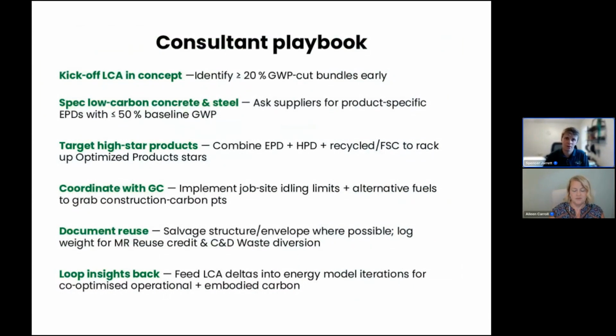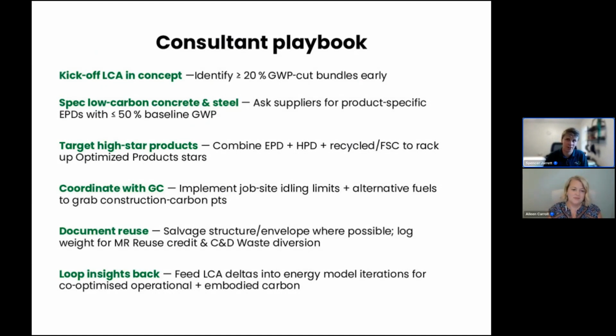Okay, sort of in summary here, I just want to leave five steps, we'll say, that you could maybe implement into your playbook as you're advising or consulting or designing for LEED projects.